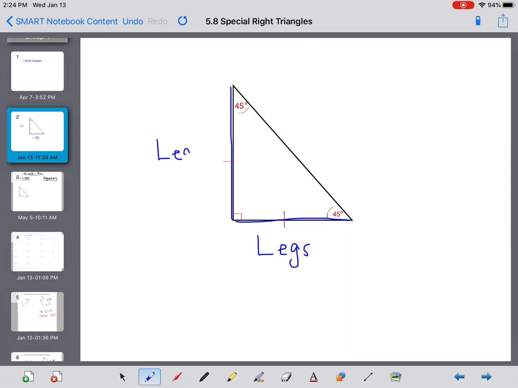In a 45, 45, 90 triangle, because two angles are the same, the opposite sides are exactly the same in length. The side opposite the 90-degree angle, you'll remember, we call the hypotenuse.